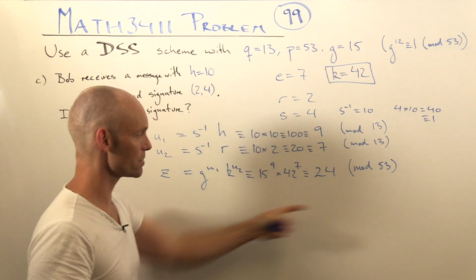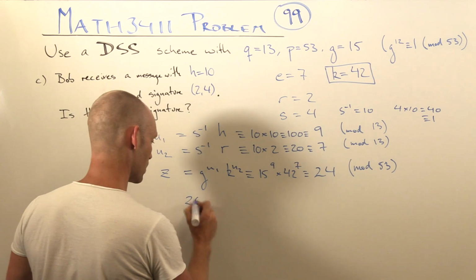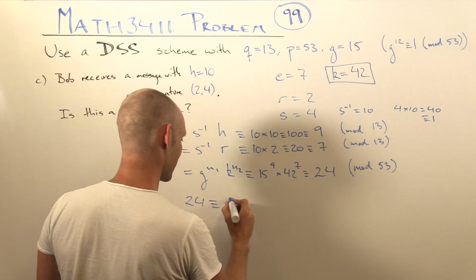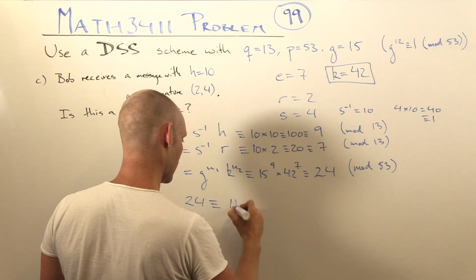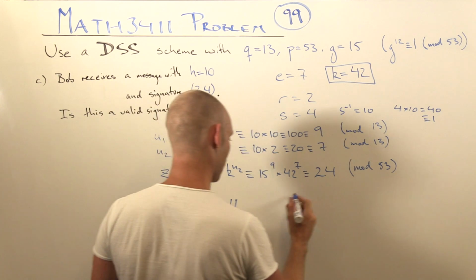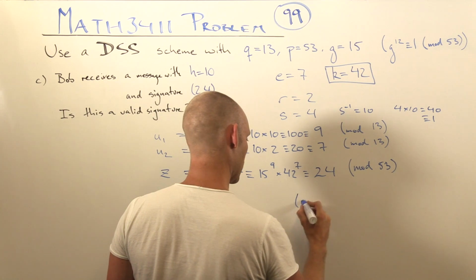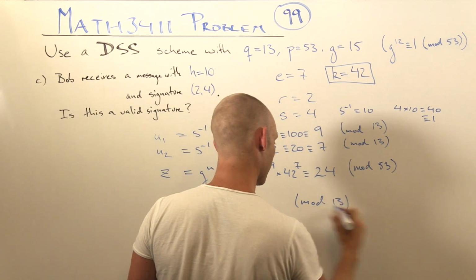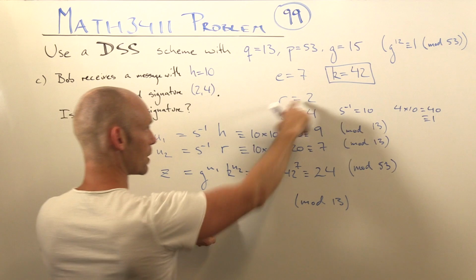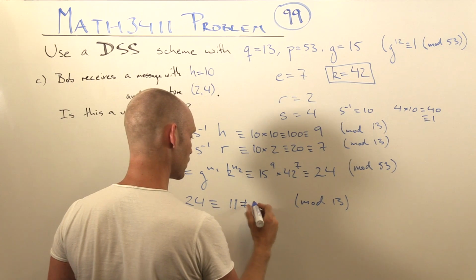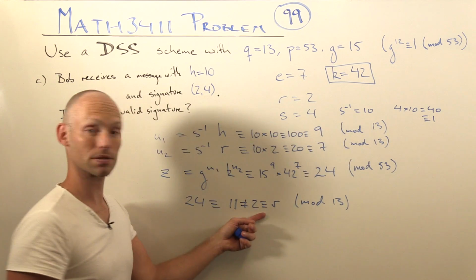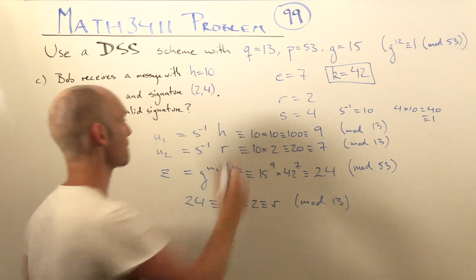So the next thing that you do is you take that 24 and then you reduce it mod 13. So you get 11 mod 13, and then we have to compare that 11 to R, and that's not equal to R. So this shows us that this signature is not valid.